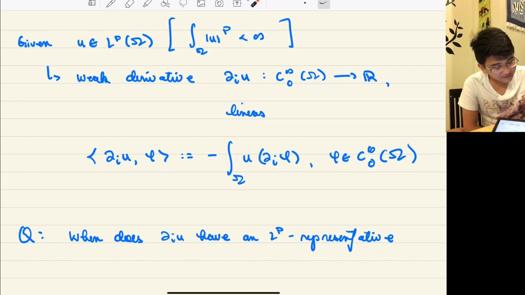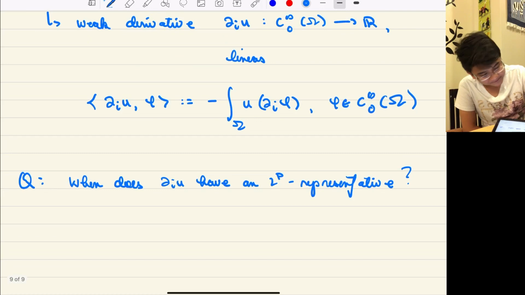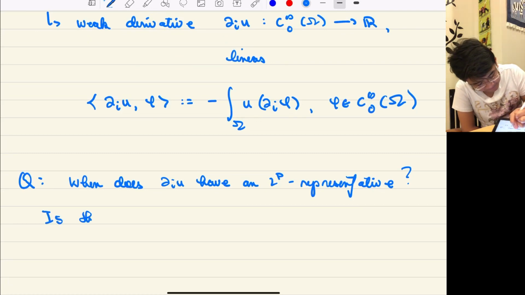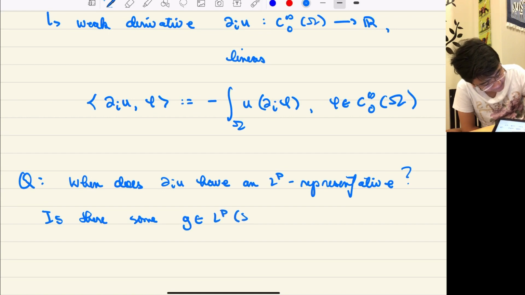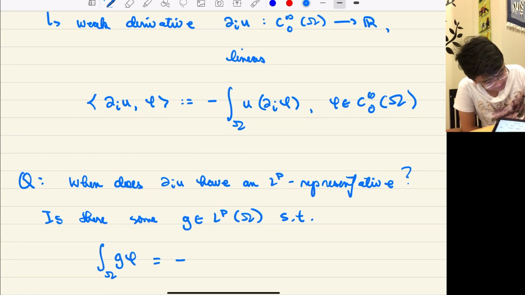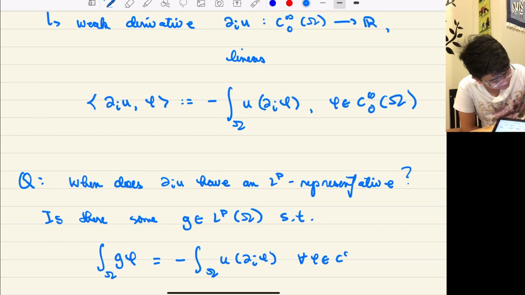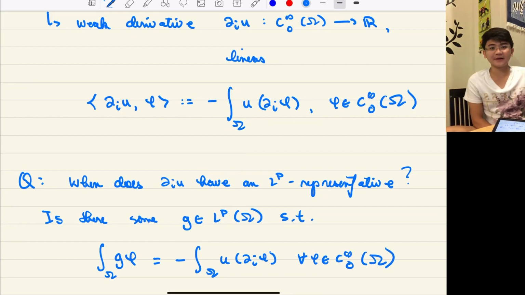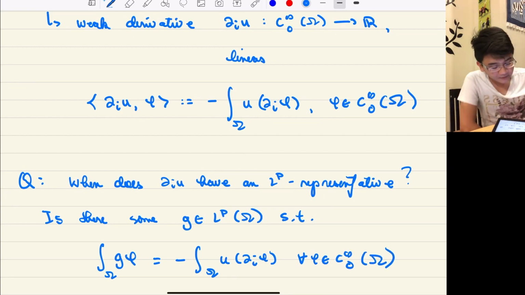So what this question is asking is: is there some g in L^p such that the integral of g phi is equal to negative integral of u partial i of phi for every phi in C infinity 0 of omega?